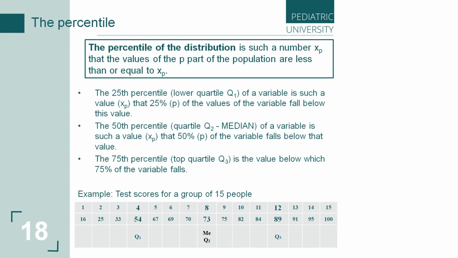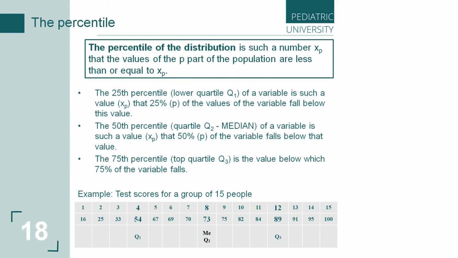What types of percentile are there? The 25th, 50th, and 75th percentiles are most commonly used. The 25th percentile, also called the lower quartile, is such a value xp that 25% of the variable is less than that value.